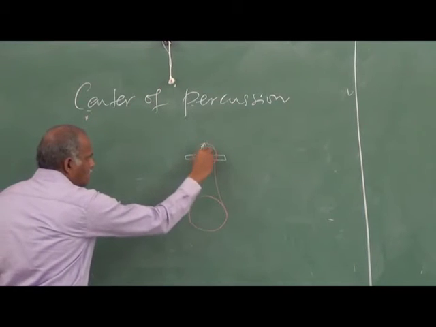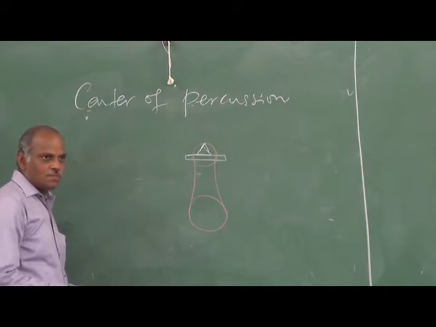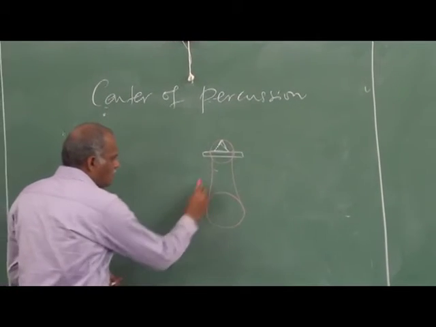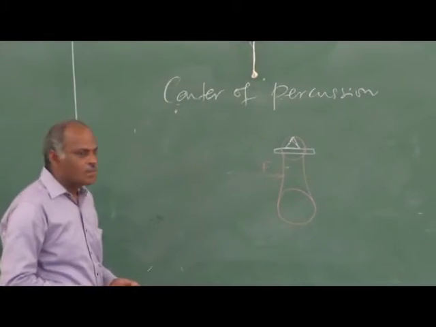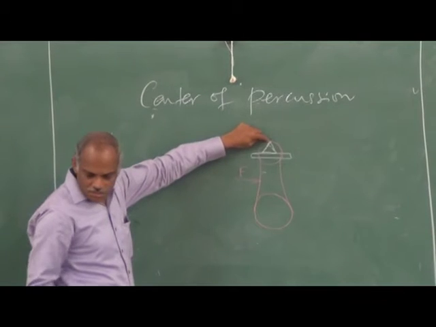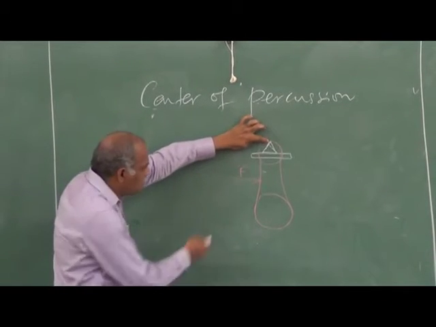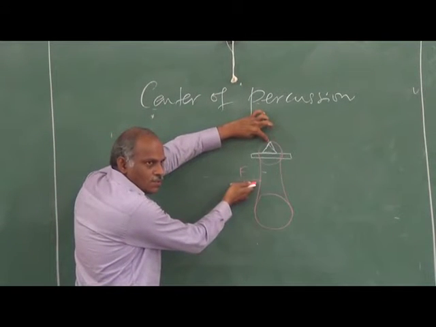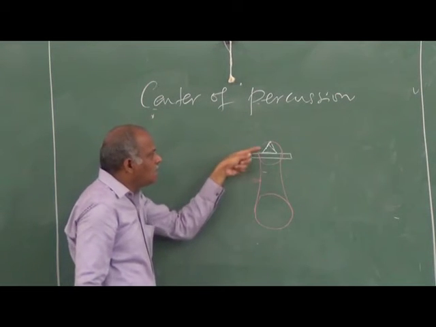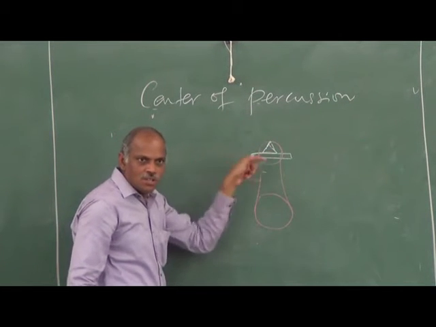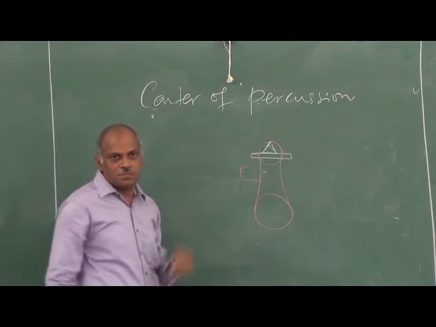So it was supported in the knife edge. If I give a force here, and this is your center of oscillation, if you apply the force, if it happens not to be the corresponding center of percussion, then this particular knife edge will experience a reaction.